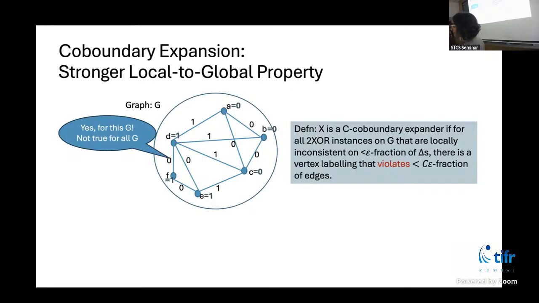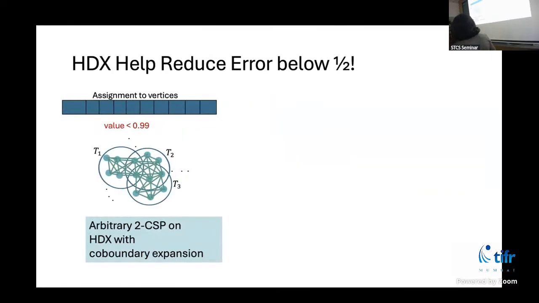We have all these other rounding techniques. Here we have a very simple algorithm to solve 2 XOR on this graph: we just count the fraction of unsatisfied triangles. That's a good estimate for the value. And HDX with this extra property of coboundary expansion will get you to error below half.